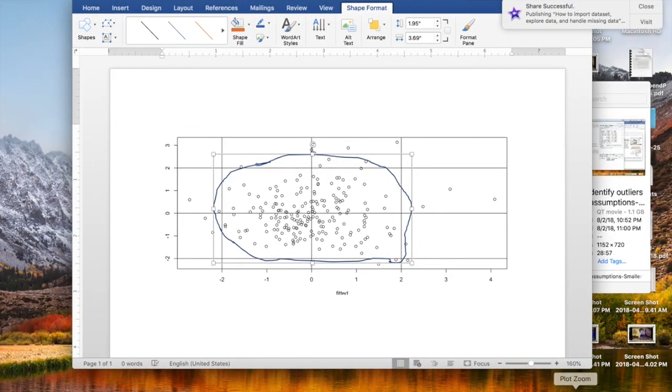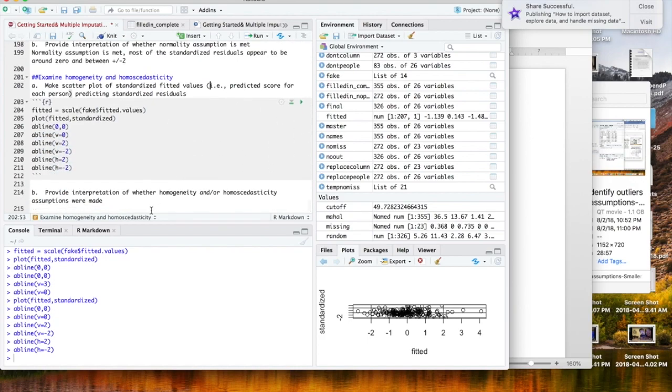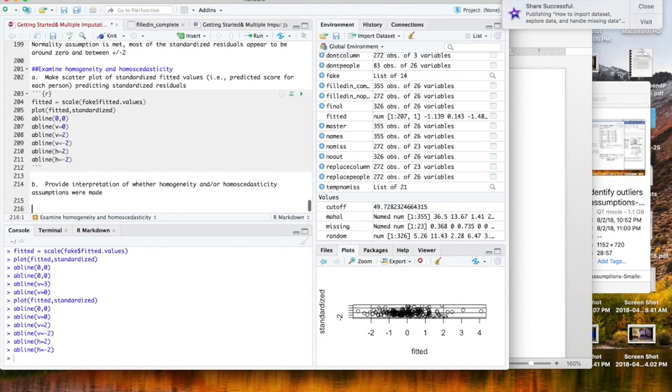Let's go back to RStudio. And this is our scatter plot of the standardized fitted values and standardized residuals. The homogeneity and homoscedasticity assumptions seem to have been met.